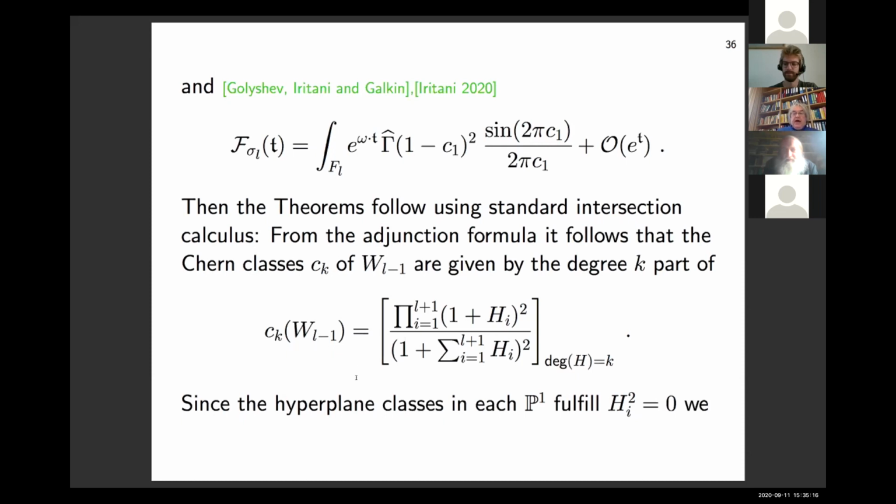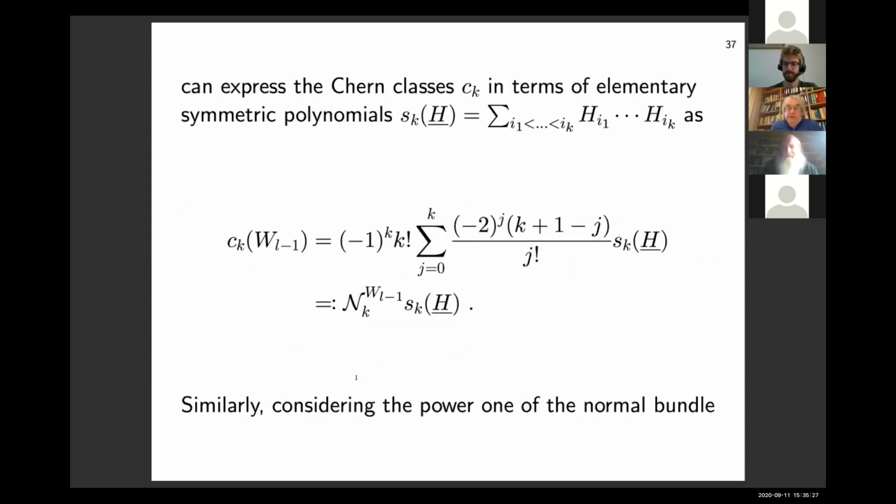And then, of course, the hyperplane class in each of these P1s fulfills H squared equals 0 because 2 hyperplanes in P1 don't intersect anymore. There's no space for it. And then, because of this fact, there will never be higher powers of H. Then you can basically express the Chern class in terms of the elementary symmetric polynomial SK in this form.